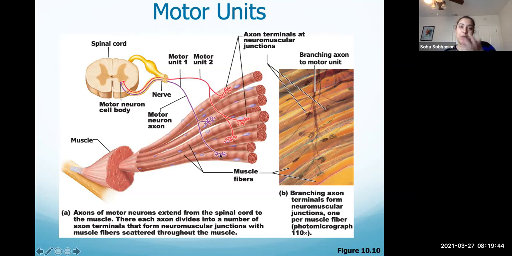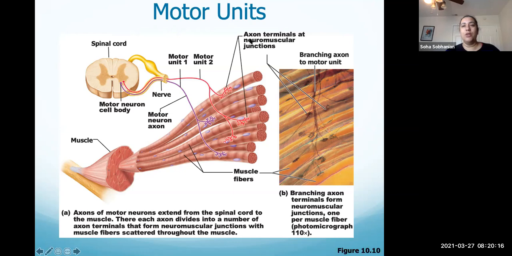So usually you have one neuron and a number of muscle cells that are being controlled by that neuron. The combination of the nerve and all of the muscle cells that are being controlled by that nerve is referred to as the motor unit, which is what we refer to as motor unit 1 here and motor unit 2. So that's a quick concept to connect to what we already understand.